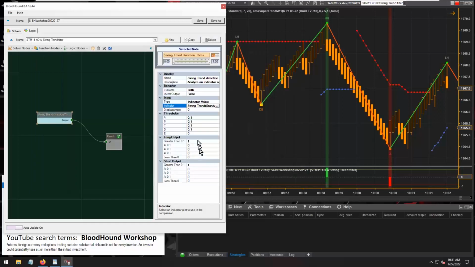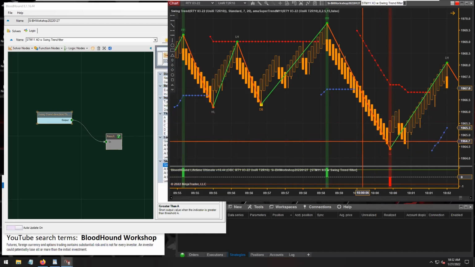So this is a little different. Sometimes you just have to experiment with the indicator you're using to figure out what value it's outputting. So for the short output, we're using greater than A here because when the low point is identified, it's outputting a 1 there.